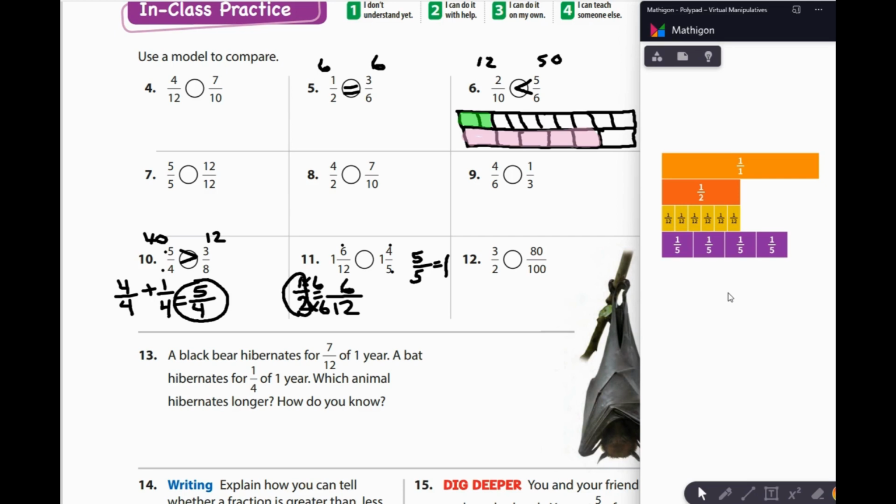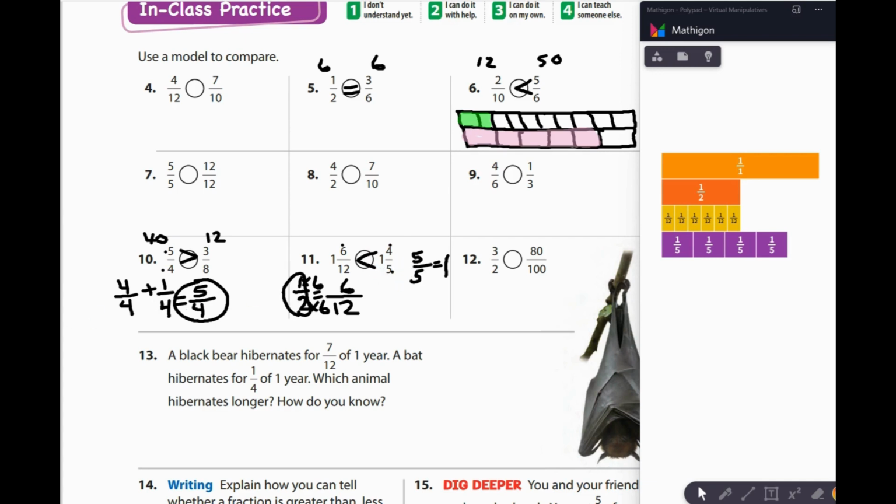If I compare the 2 fractions as 12ths or fifths, I would definitely see for myself that 4/5 is greater. I can also look at the denominator. 5 is less, right? Remember, less is more. The smaller the denominator, the greater the fraction. So for number 11, we can say that 4/5 is the greater fraction.